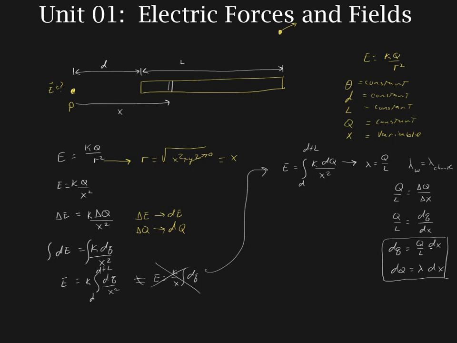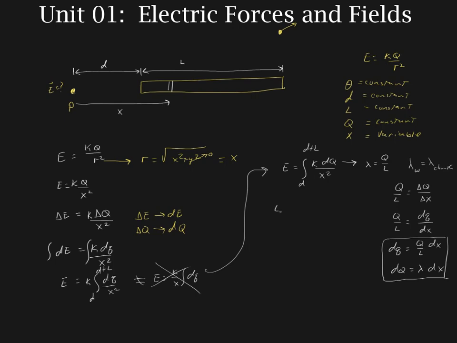For example, on the AP exam, they may give you lambda, but lambda is not an appropriate constant, and it's not a variable of the problem. So most of the time, you're going to have to make lambda Q over L in order to get it into the proper variables for what the examiners are looking for.